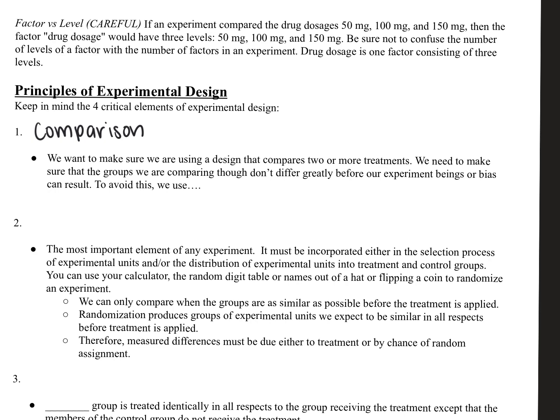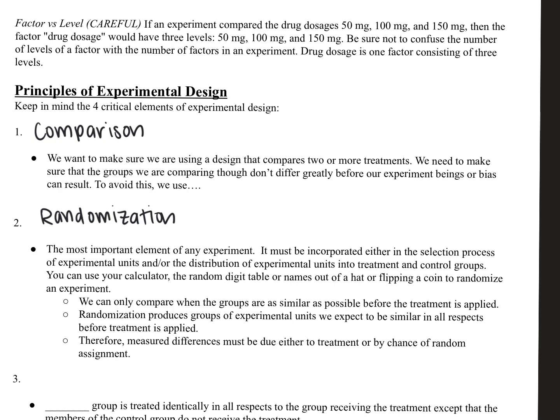So one way we avoid that in an experiment is through randomization. And there's a couple different ways you can incorporate randomization into an experiment. It is the most important element of any experiment. There has to be randomization at some point.